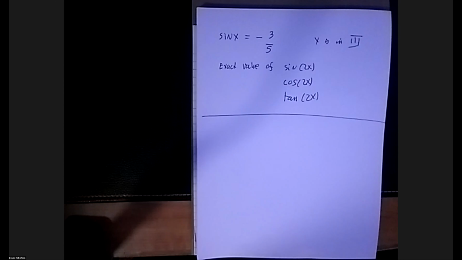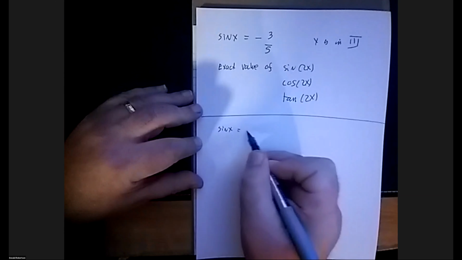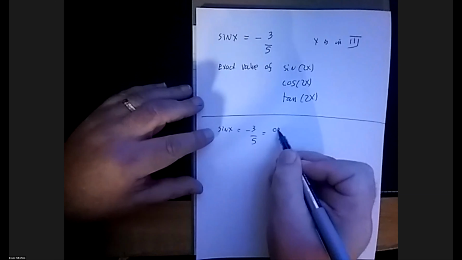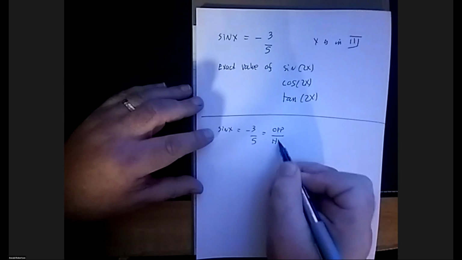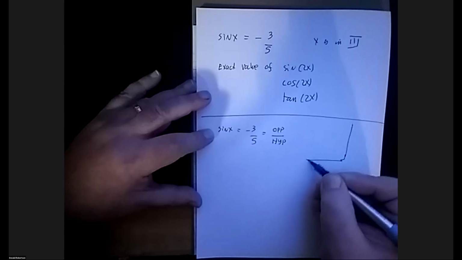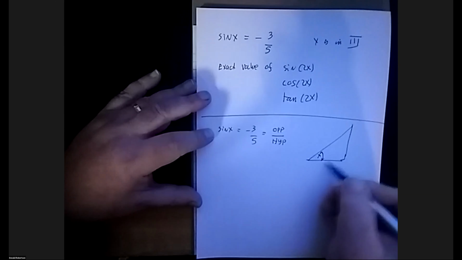Okay? I'm going to begin by using this piece of information, and I know that the sine is the opposite over the hypotenuse, and I'm going to draw my big right angle triangle, call that their angle x. I wish they'd called it theta.